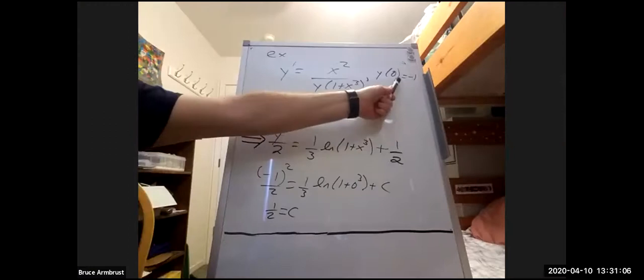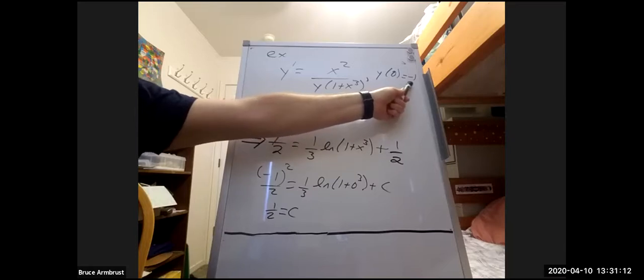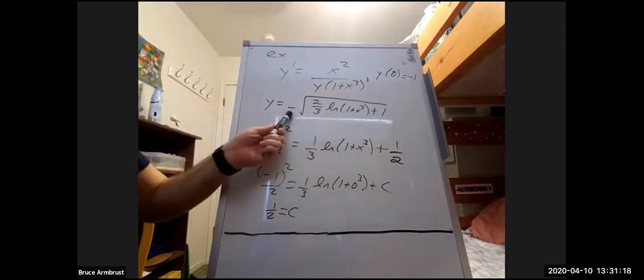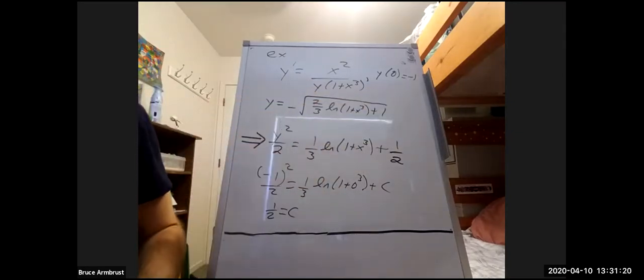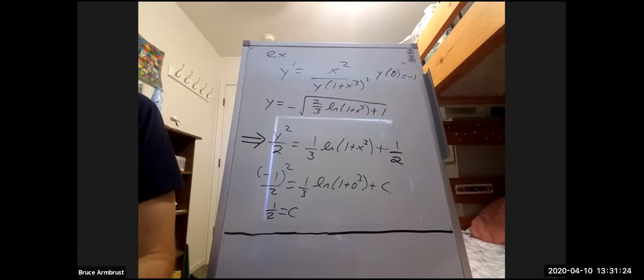Exactly. Go back to the initial value. Remember what we needed is that when we plugged in 0, we had to get -1. And the only way we can ensure that we get the negative is by putting the negative out front. So that's what I meant by the initial value problem is going to tell us which one we're going to need.